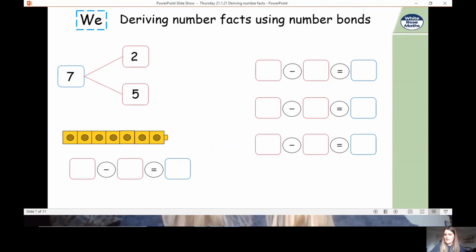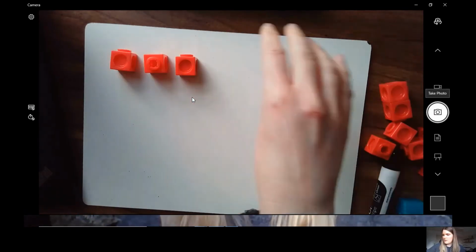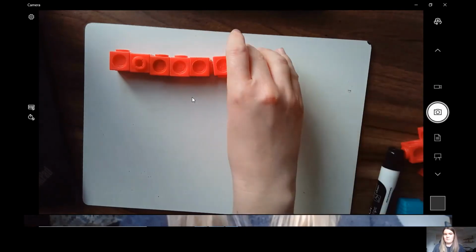Okay, so let's have a go together. This time we're going to use the sum and our number bonds. 2 and 5 make 7. Okay, so we're going to use 2 and 5 make 7 to help us solve this sum. So the first thing we need to do is what? Get our 7. So let's get 7. 1, 2, 3, 4, 5, 6, 7.